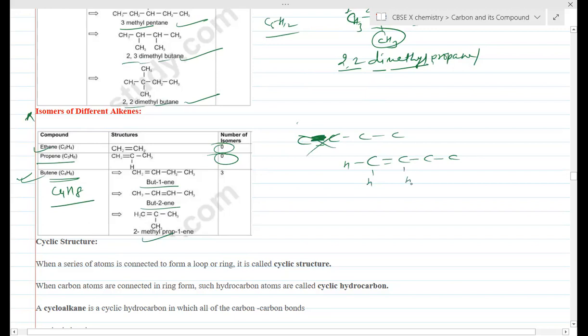This is what C4H8. So here you can see double bond is between one carbon and two carbons.